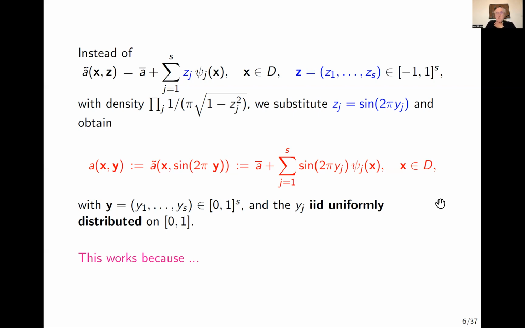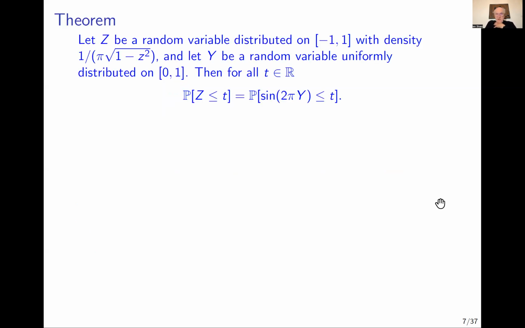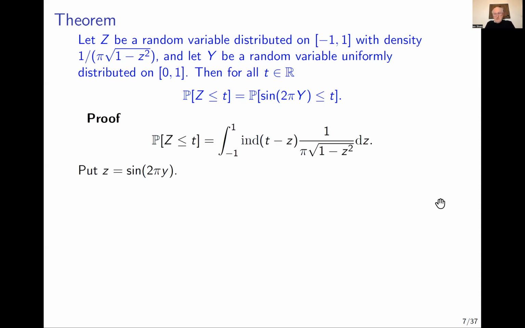And this works because we have a little theorem which we proved: if z is a random variable distributed on -1 to 1 with this Chebyshev of the first kind density, and y is a random variable uniformly distributed on 0, 1, then the probability that z is less than or equal to t, for any real number t, is the same as the probability that sin(2π y) is less than or equal to t. The probability distribution is the same. We have not changed the model at all.